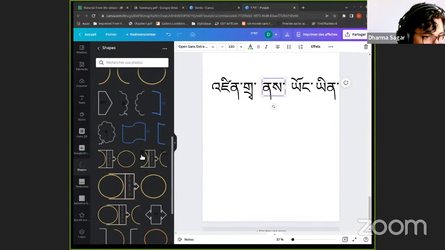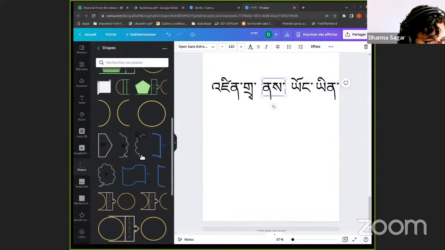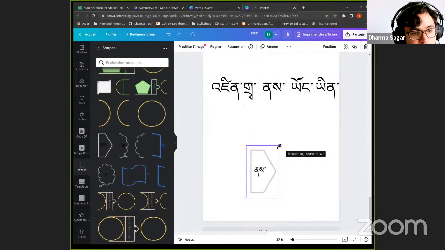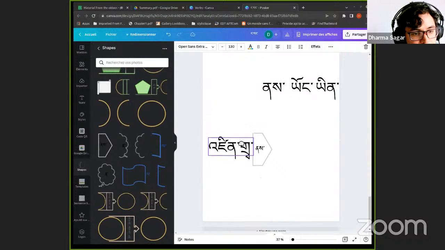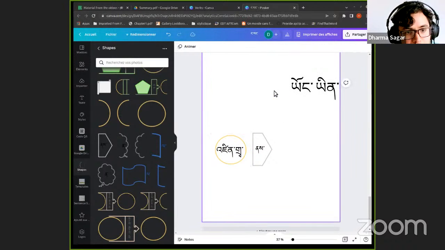Where is the ne? Yes, this one. So Tindra comes before it. Tindra ne. And Tindra is a noun, so we'll fit it into a nominal block.